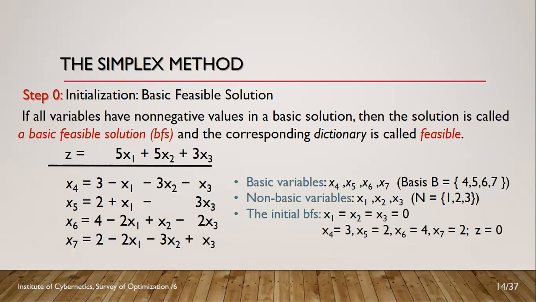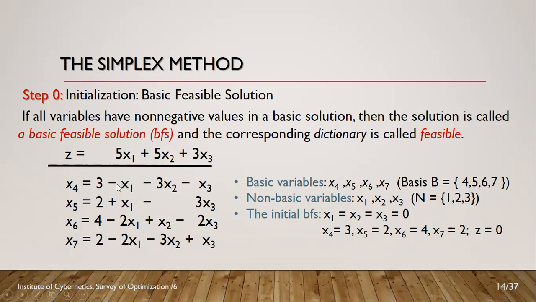So here it is bounded by 3, here by 3, 2, and the like. But now to determine to which value we can increase x of 1 while staying within the feasible solutions, let's look at the constraint equation. For row 1, I cannot increase x of 1 by more than 3.